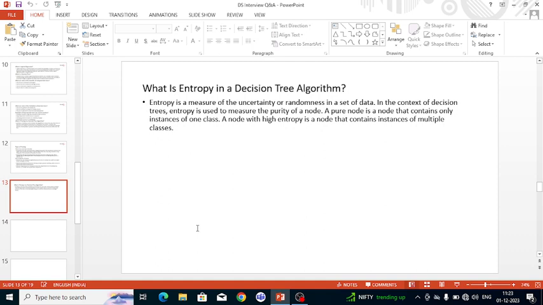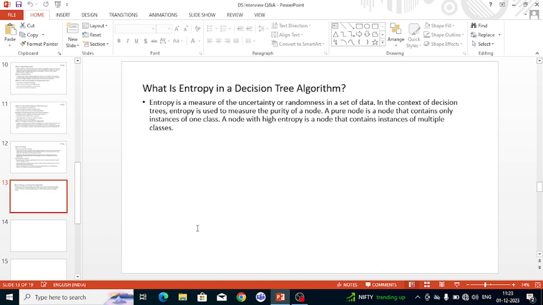And the last one is, what is entropy in a decision tree? Entropy is a measure of uncertainty or randomness in a set of data. In the context of a decision tree, entropy is used to measure the purity of a node. A pure node is a node that contains instances of only one class.